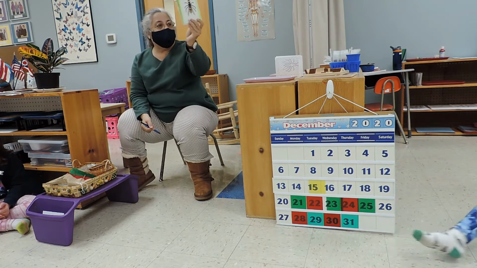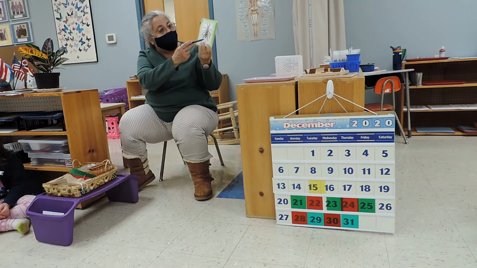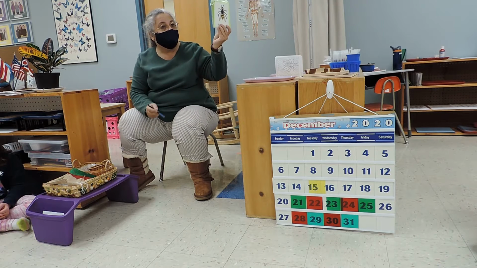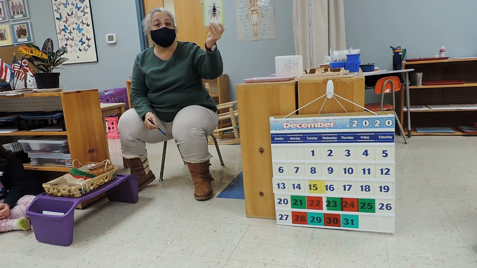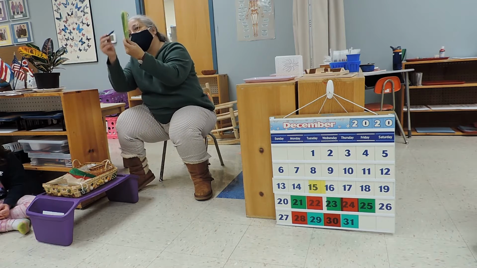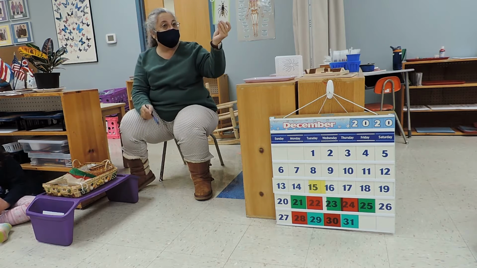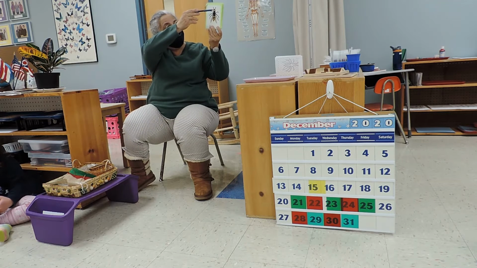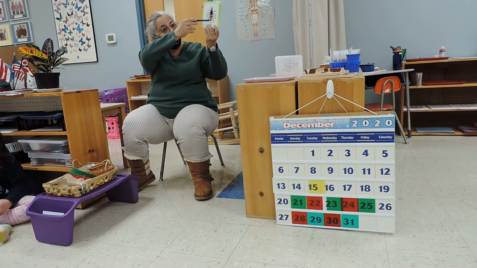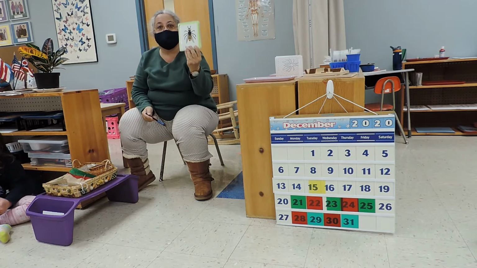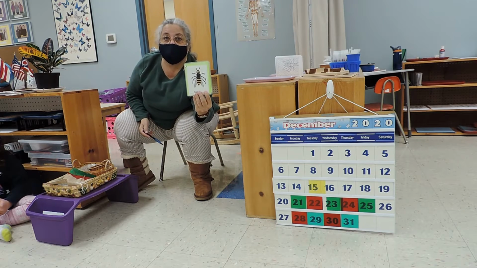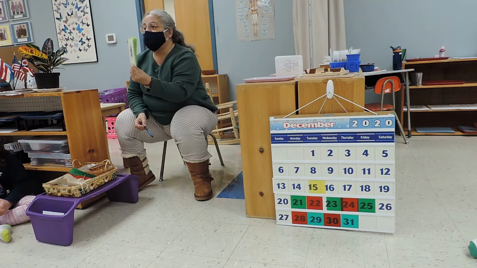They don't come out of the head. They don't come out of the abdomen, which is the last part. They come out of the thorax. So head, thorax, abdomen. Can you say it with me? Head, thorax, abdomen. 3 body parts.